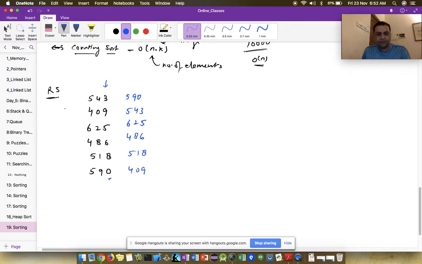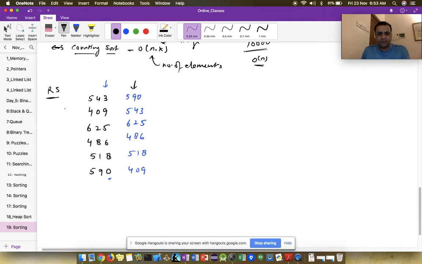So I have applied a normal sorting algorithm to sort the elements on their ones position, their least significant digit position.